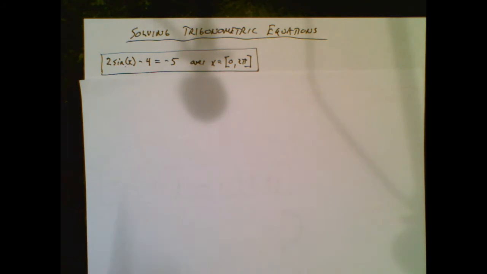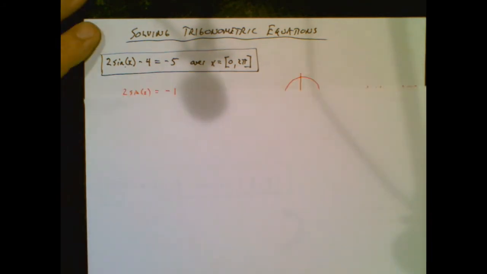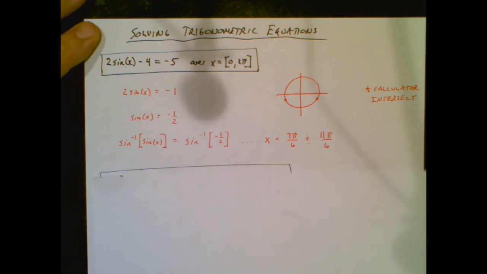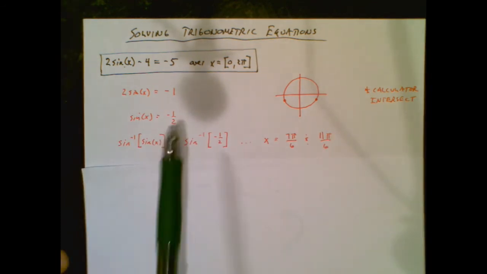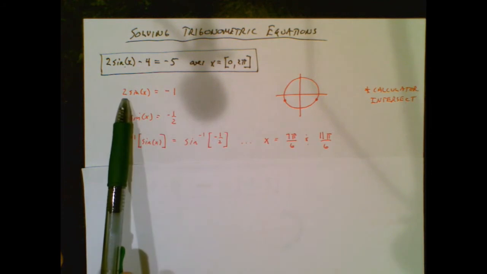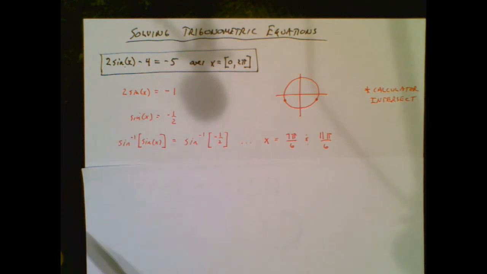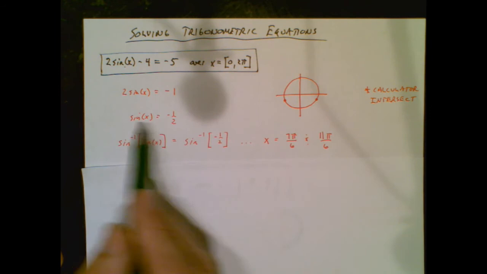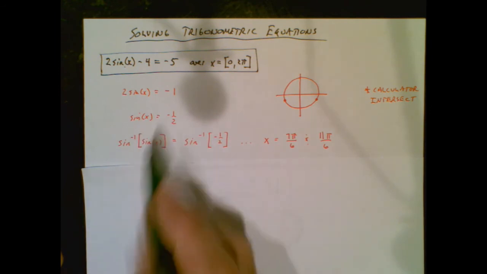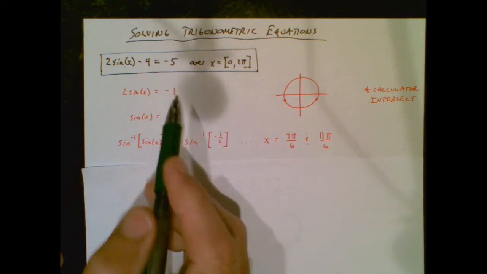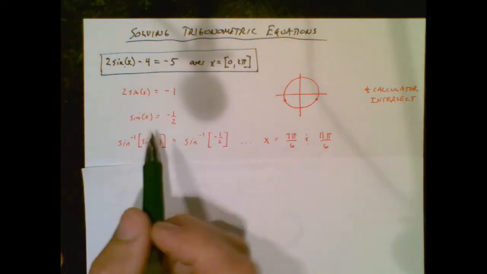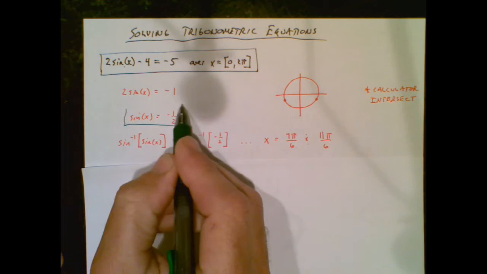So in this example, we need to solve for x, and I'm going to show you the work and hit the highlights. Get rid of the 2 by inverse operation of division. And at this point, by the way, I got rid of the minus 4 by moving it over first. But once you get to here, you kind of have 2 options.